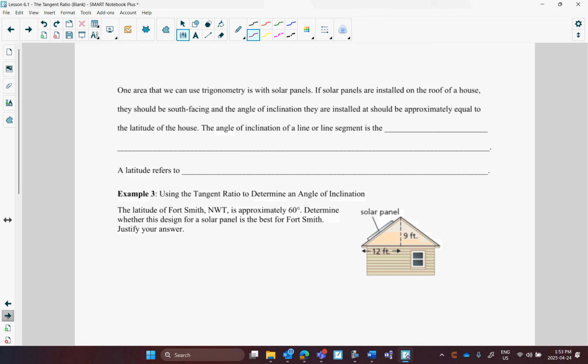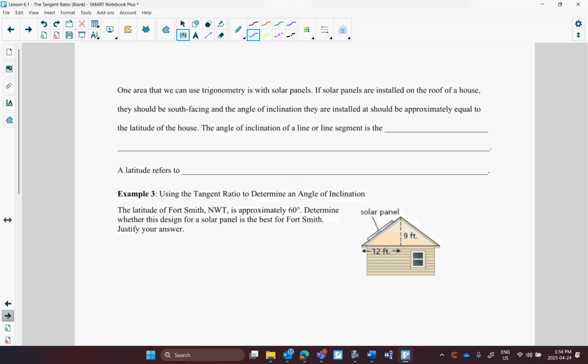You want the sun to hit it at its maximum point to absorb. If the sun's coming at an angle and you're flat, it's not going to generate a ton of energy. But you want an angle to catch the sun flat on.